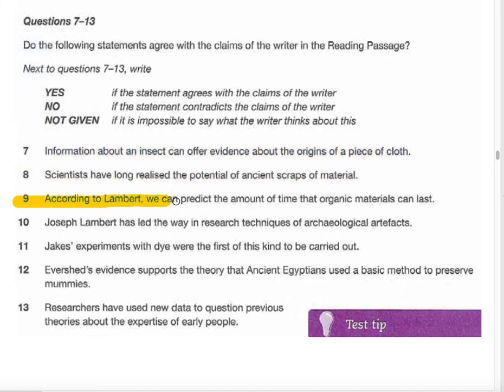Then 9. According to Lambert, we can predict the amount of time that organic materials can last. So Lambert, this researcher, says we can predict how long they can remain preserved, maybe.